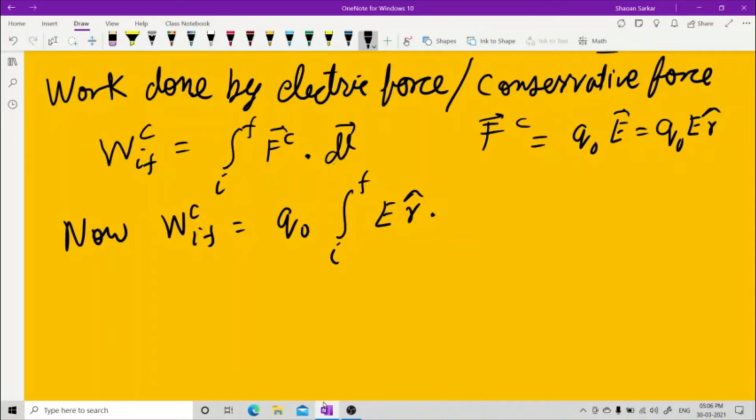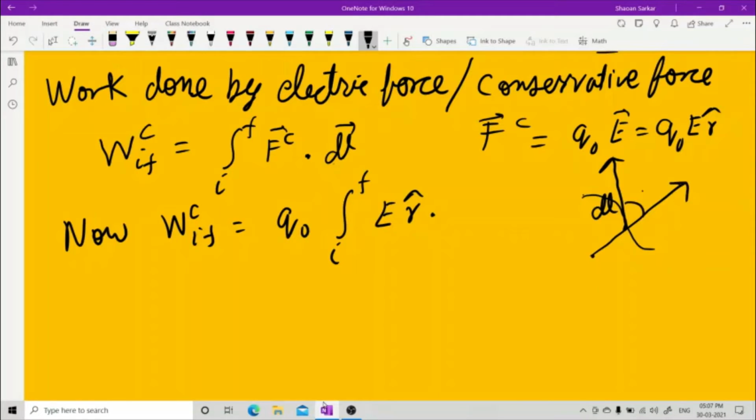Before I write this dl, let me make you understand. The curve was something like this, right? The radius vector was something like this, and the tangent to the curve was something like this. This was the dl length.